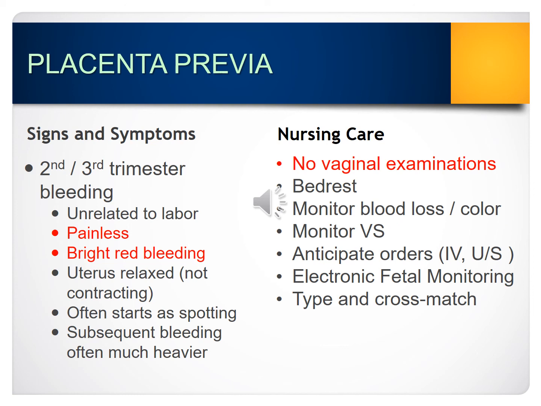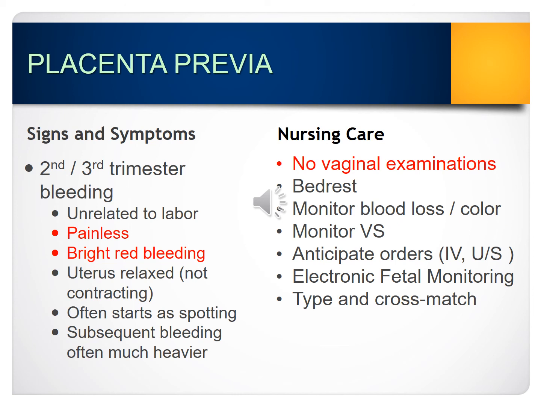And this is not normally where we want the placenta to lie. We want the placenta to be up farther, closer to the fundus, to the top of the uterus, not low lying near the cervix, because we don't want the placenta to deliver prior to the fetus. If the placenta delivers prior to the baby, then the blood supply, or the source of nourishment to the fetus, has now been delivered prior to the baby.